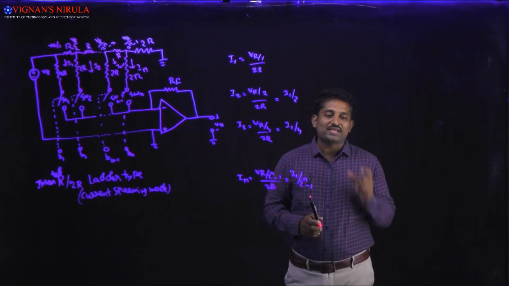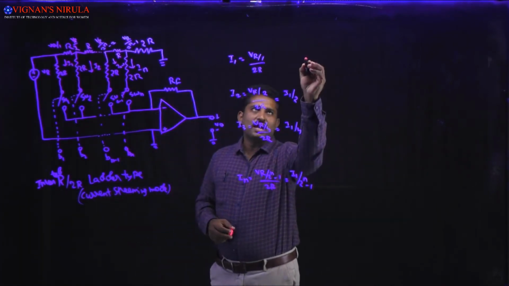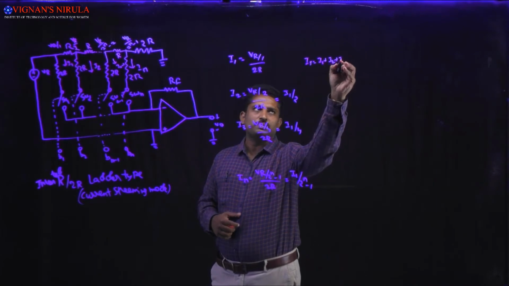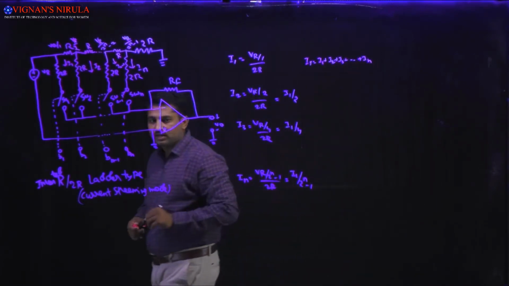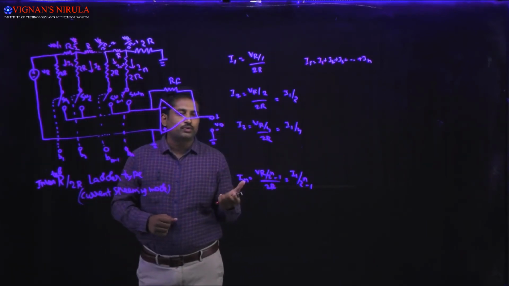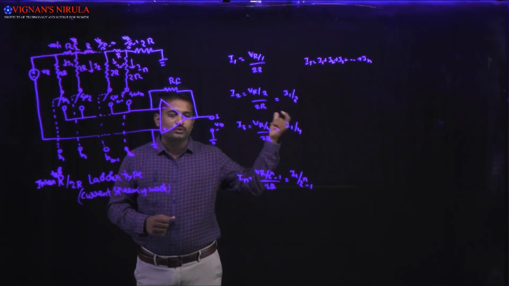which avoids the stray capacitance effect, total current IT is calculated as I1 plus I2 plus I3 plus so on plus IN. According to the binary input values, we are going to get the corresponding input current, whether it may be I1, I2 or I3, so on up to IN.